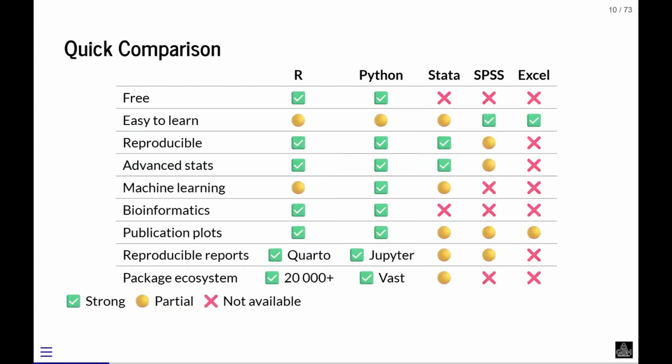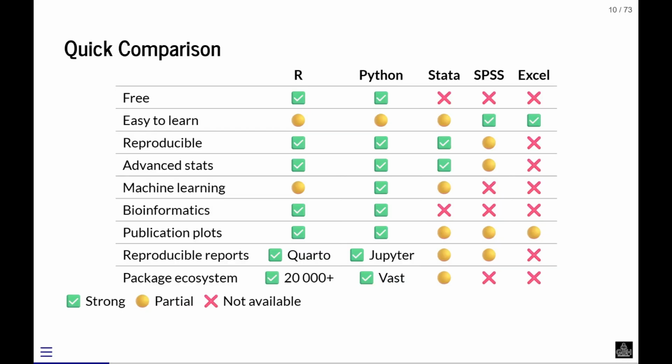Yet if we compare R with other available tools like Python, Stata, SPSS, and Excel, we can see that R is almost a complete package in terms of being free, easy to learn, and reproducible, for bioinformatics and machine learning.